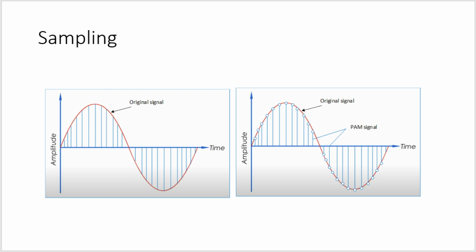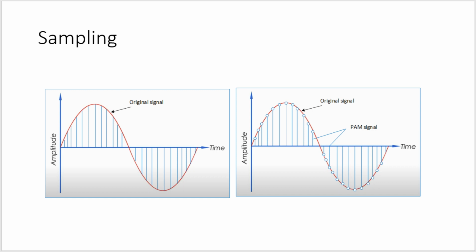PAM signal is simply the result of a series of these discrete sample values. The number of samples per second is called the sample rate. In this example, the sample rate is 24 times per second, because in this one second the analog signal is sampled 24 times, 24 blue vertical lines. We use Hertz to measure sample rate.